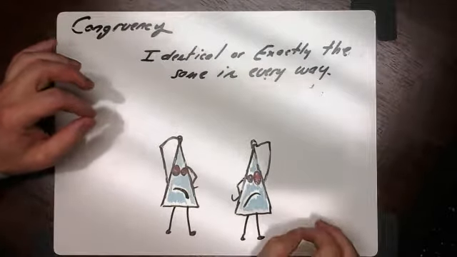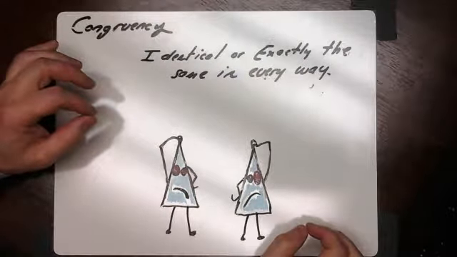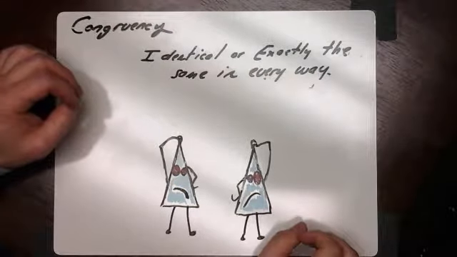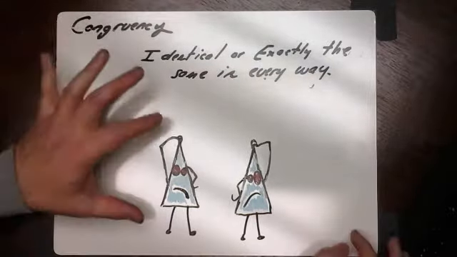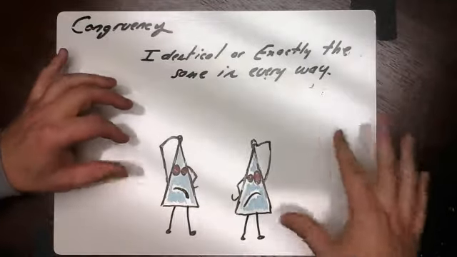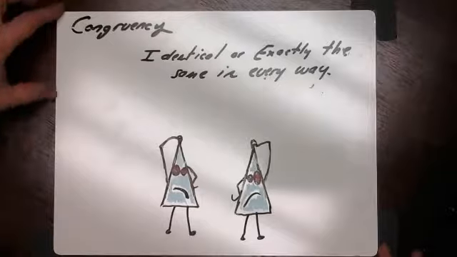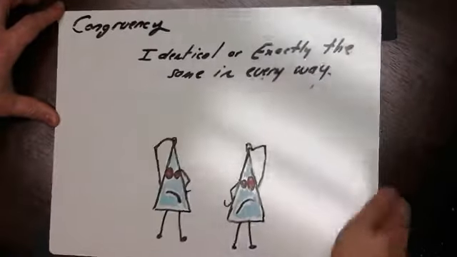And it's different than a numerical value of equivalence, so we're not saying 5 equals 5 here. We're saying that this triangle monster is exactly the same as this triangle monster, and we have to prove that through logical thinking.